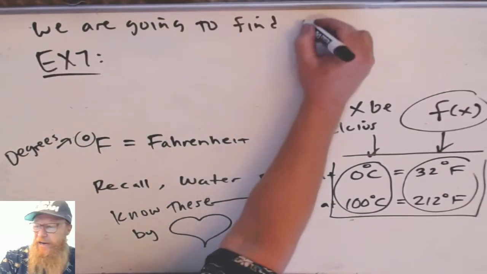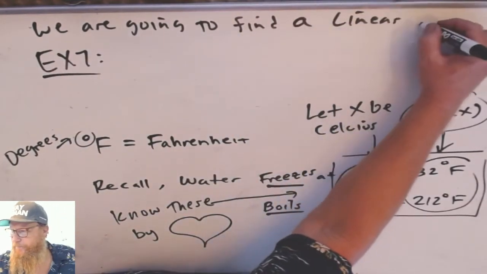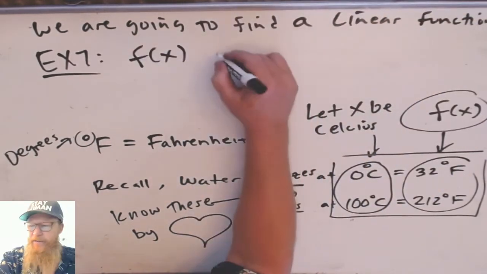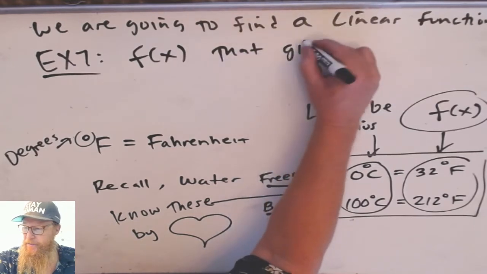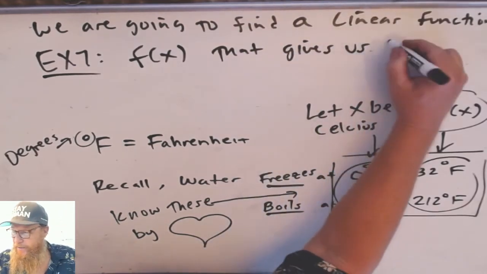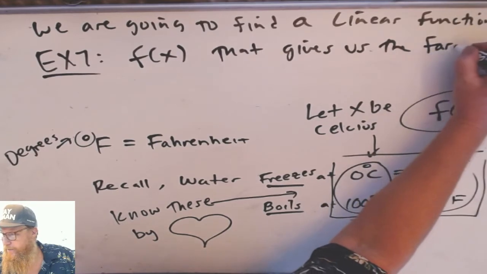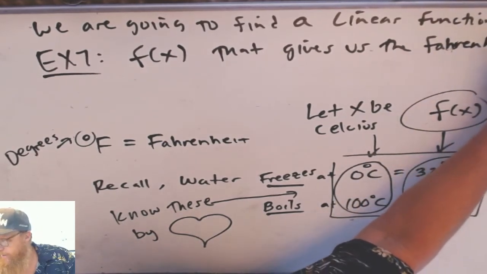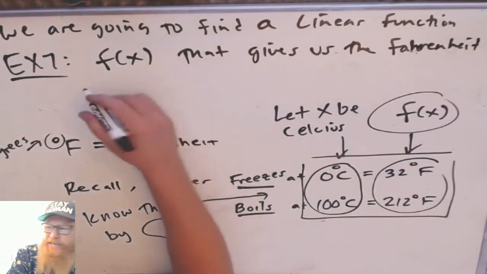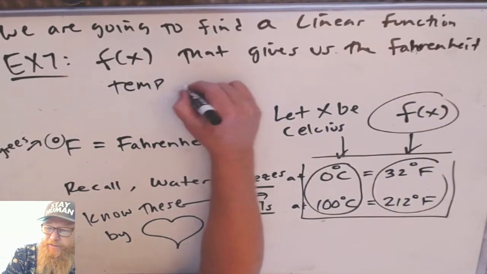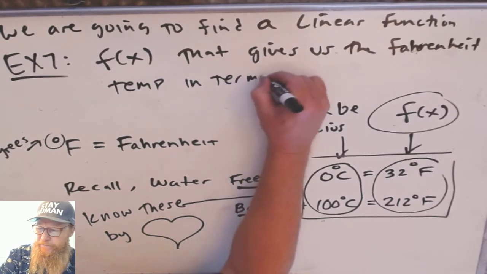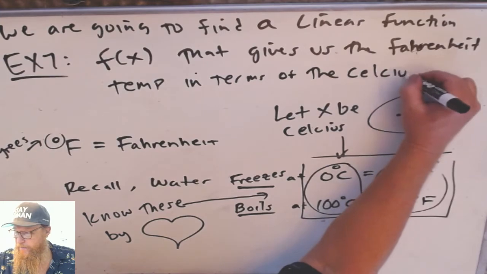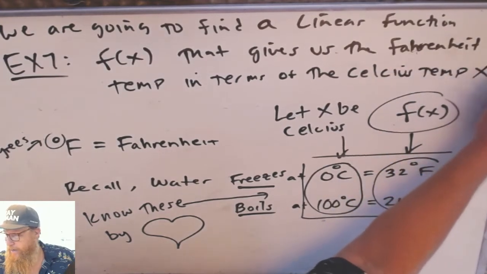We're going to find a linear function, f of x, that gives us the Fahrenheit temperature in terms of the Celsius temp x.